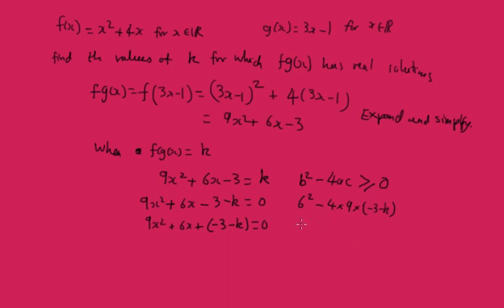Work all this out, so we'll have 144 plus 36k greater than or equal to 0, and that would give us k greater than or equal to minus 4 for that function to have real solutions. So I hope that helps.